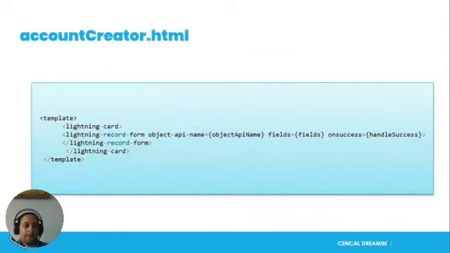This is an example. What we are doing here, we just created a Lightning Web component called accountCreator. So it's the same thing as we saw at the beginning of this session. Go to Visual Studio Code.